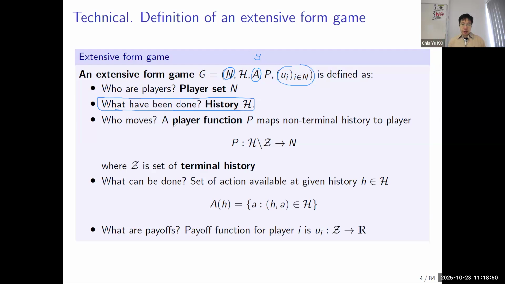The other thing is P, the player function, which says who can move at this point in time. Because it's a sequential move, every time just one person is moving.